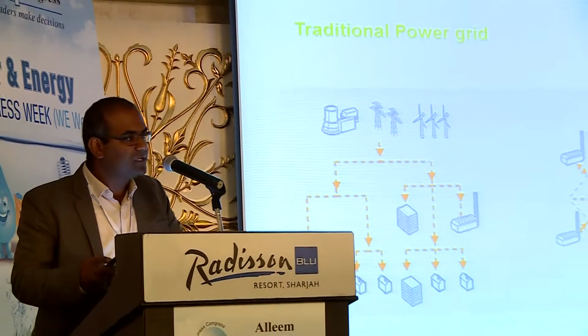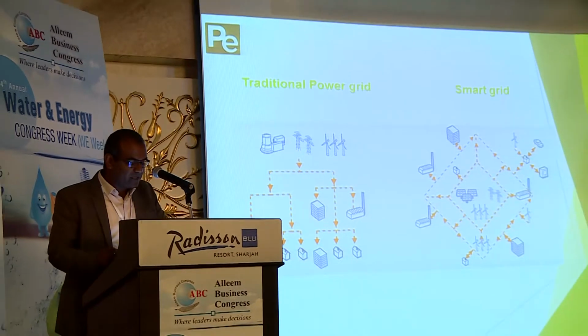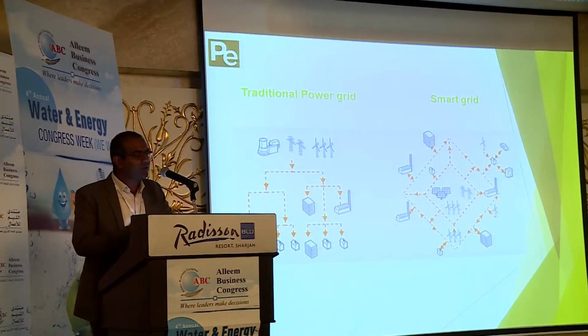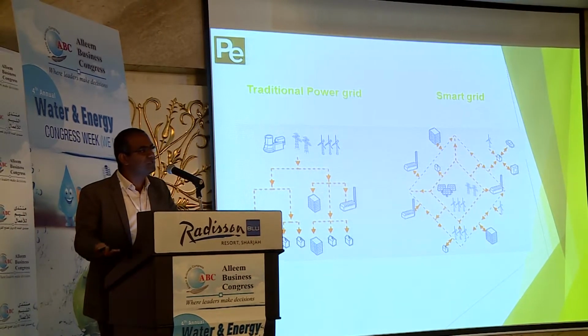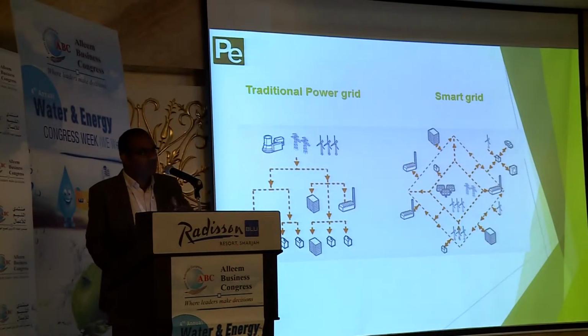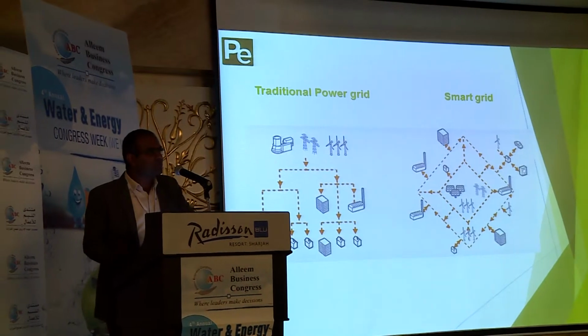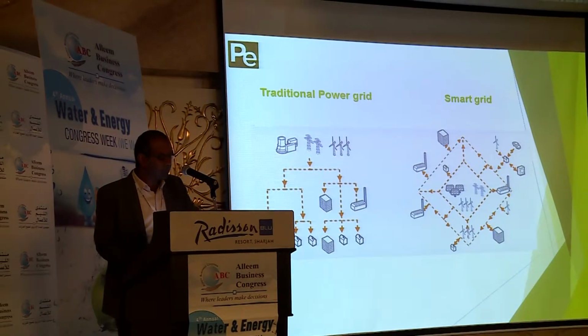This is a pictorial representation of the traditional power grid and the smart grid. In a traditional power grid, it goes from generation to transmission to distribution, and then it ends. But in a smart grid, it is two-way from generation to distribution, and in distribution the consumer can act as a prosumer, so he will be a generation point.